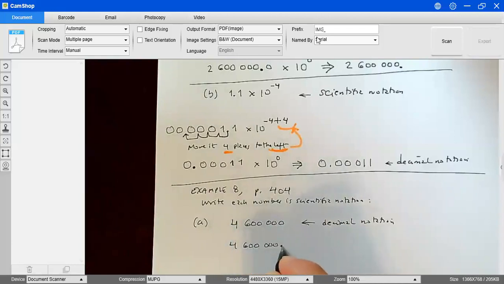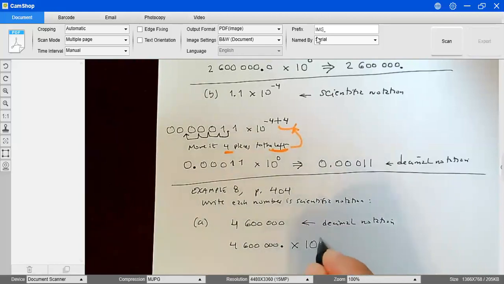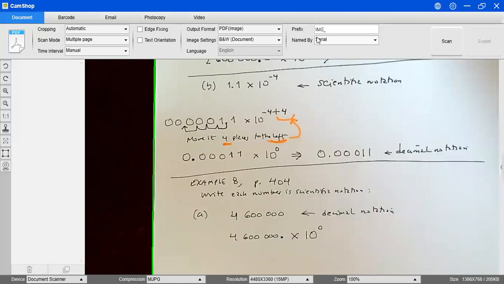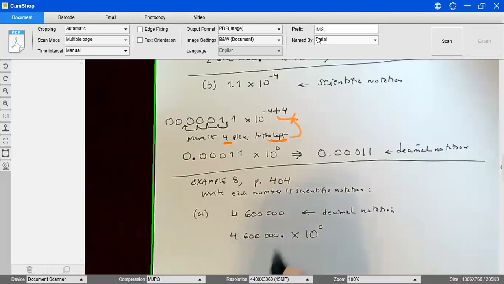So we're going to write 4,600,000. The decimal point is over here. So when you don't see a decimal point, usually it should be at the end of the number, times 10 to the 0. So that's the number that is still in decimal notation, but is written as a power of 10 now. So now I'm going to move the decimal point to a location that is going to give me a Mantissa.